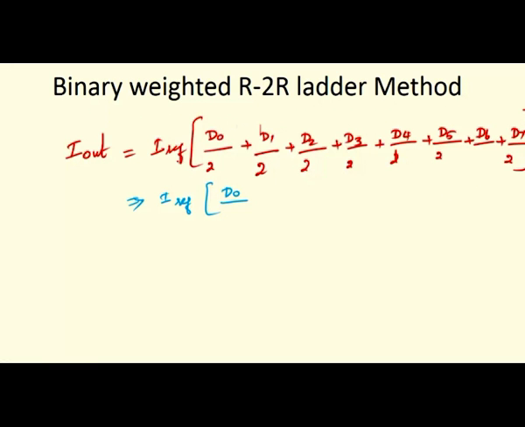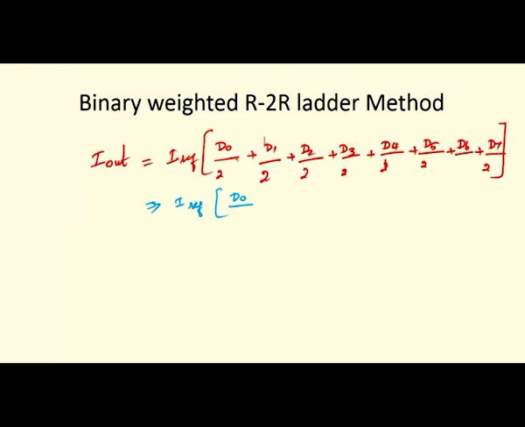Here we find I out, the I reference signal times the corresponding bit divided by its position: D0 by 2 power 1, D1 by 2 power 2, plus D2 by 2 power 3, plus D3 by 2 power 4, plus D4 by 2 power 5, plus D5 by 2 power 6, plus D6 by 2 power 7 and D7 by 2 power 8, its binary values.